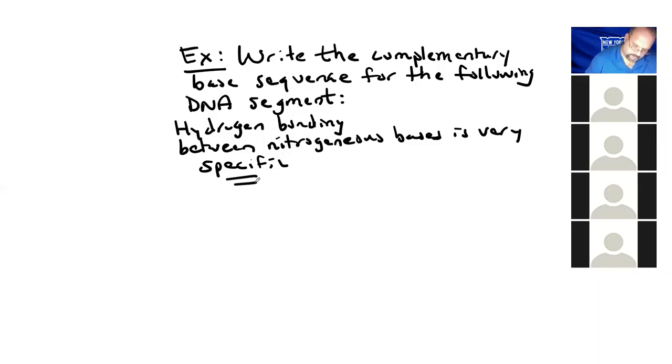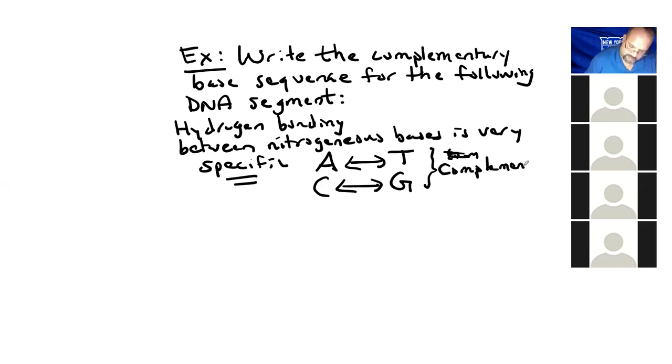We talked about, or you saw in the notes, that adenine only hydrogen bonds with thymine, and cytosine only hydrogen bonds with guanine. Essentially, these 2 combinations, adenine with thymine, cytosine with guanine, are what are known as complementary base pairs.